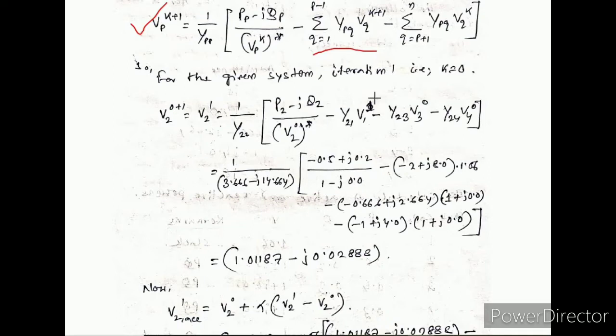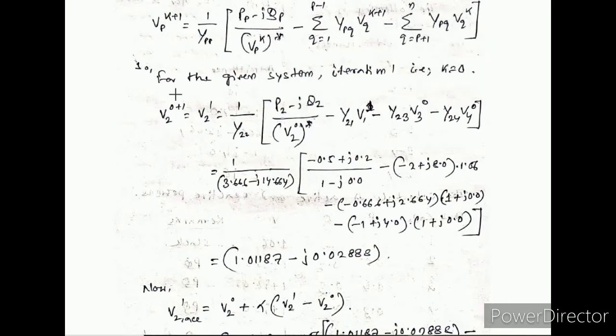For the given system, only one iteration has to be solved, as per the numerical. So for iteration 1, we put k equal to 0 here. If we put k equal to 0, it signifies that we are proceeding for iteration number 1.